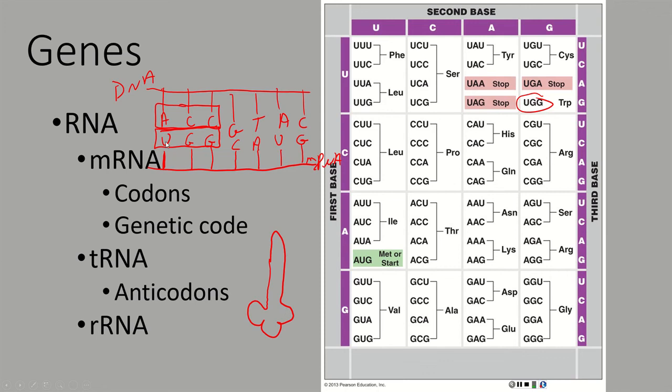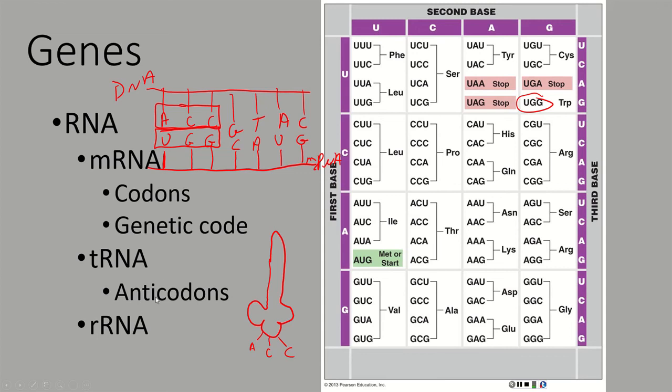Well, up at the top, let's go back. We had ACC was our triplet of DNA. And then our codon for messenger RNA was UGG. Well, the anticodon would be the opposite of these three letters. A, C, C. So many times it will be the same thing that was on the DNA.